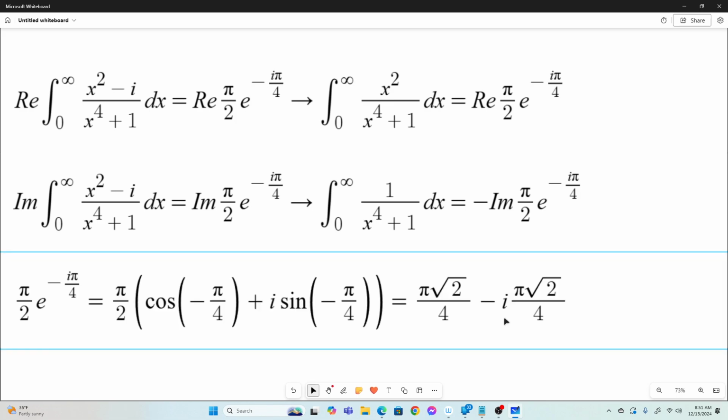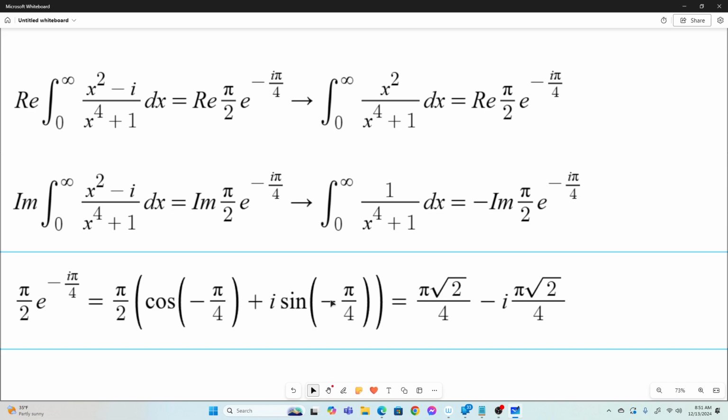All right. But, so pi over 2 times e to the negative i pi over 4, we can use Euler's formula on that. That's going to be pi over 2 times cosine of negative pi over 4 plus i sine of negative pi over 4. Of course, cosine negative pi over 4 is just cosine pi over 4, which is square root of 2 over 2.